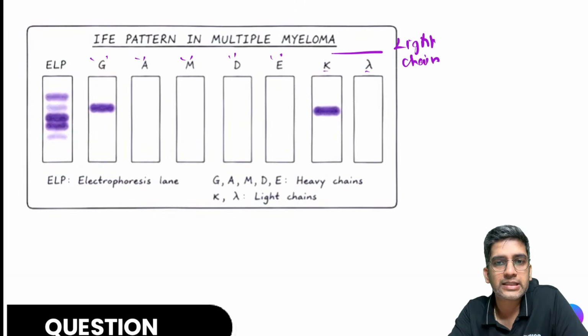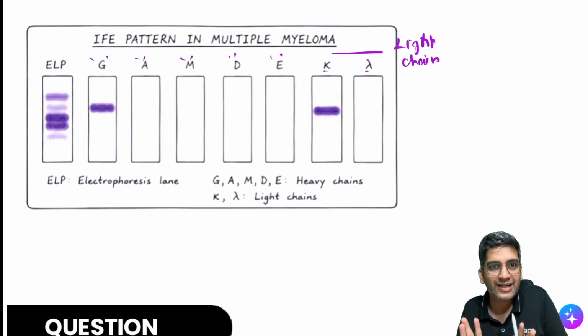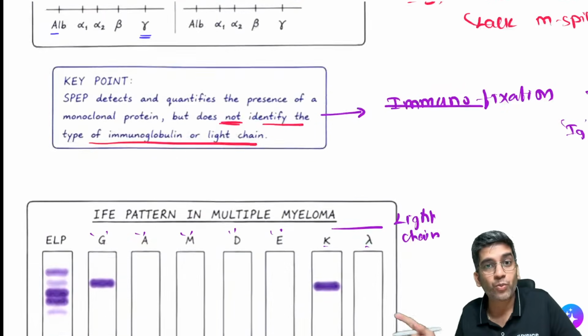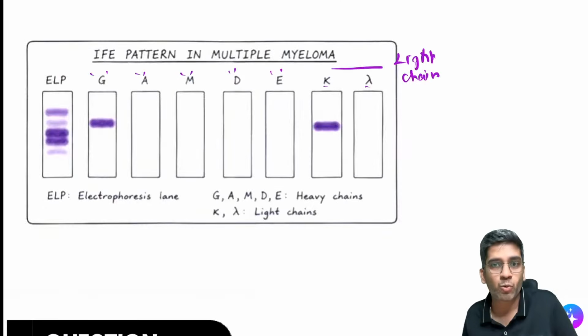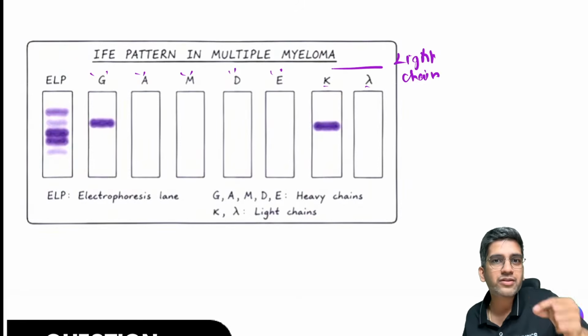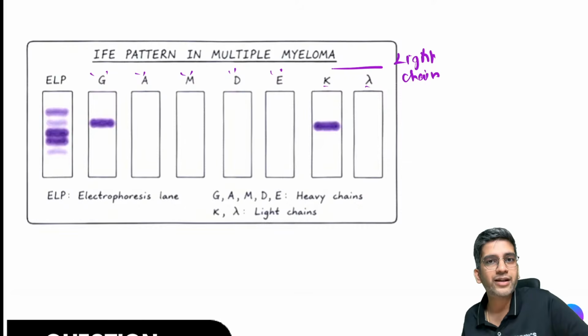The answer is actually no. With this image alone, I cannot call it, because this image says that G and kappa is there, but I don't know the quantity. So I want this also. If the quantity is high, plus it is monoclonal, I can call it multiple myeloma. If it's only monoclonal with normal quantity, it is just a specific infection, that's all, right?